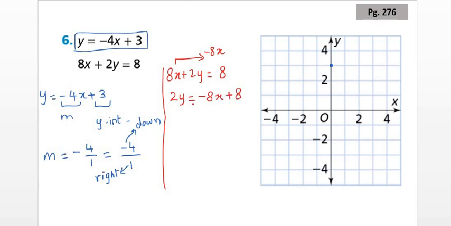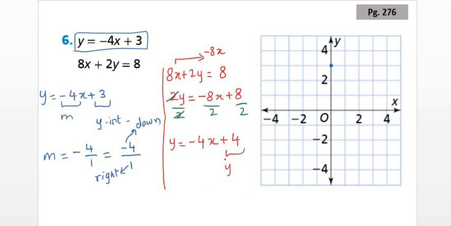Because it's still not in the standard form, we will divide each term by 2, and this 2 is going to cancel this 2. So we will have y equals -8 divided by 2, which is -4x, and 8 divided by 2 is 4. Okay, the slopes are the same.